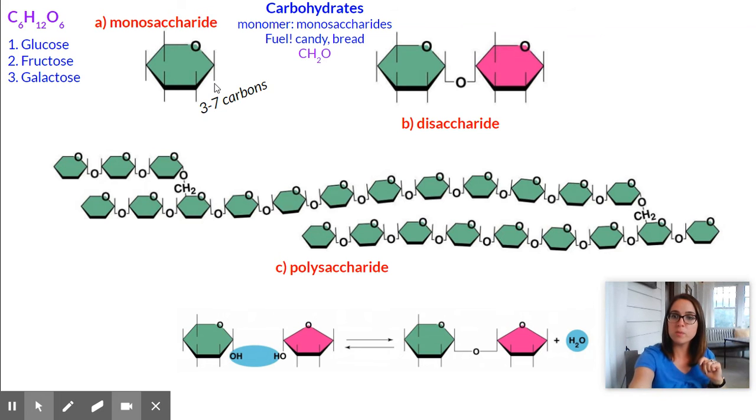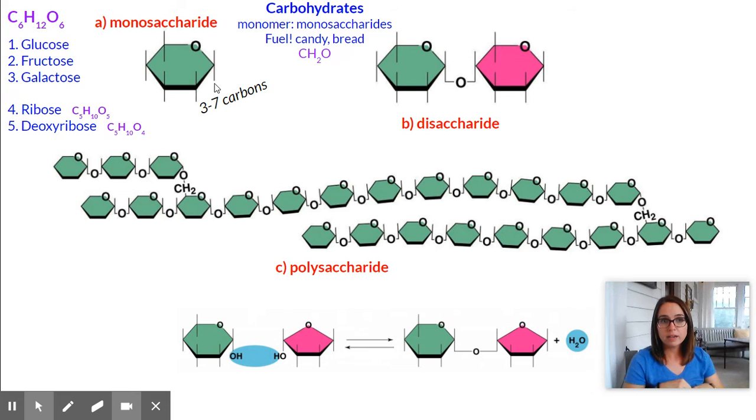Two others that we will talk about, maybe you've heard about, are ribose and deoxyribose. Both of those are found in RNA and DNA. Ribose's formula is C5H10O5. So again, think of that ratio, 2 hydrogens to 1 carbon and 1 oxygen. That fits the bill, okay? 10 is double of 5. And then deoxyribose is C5H10O4.